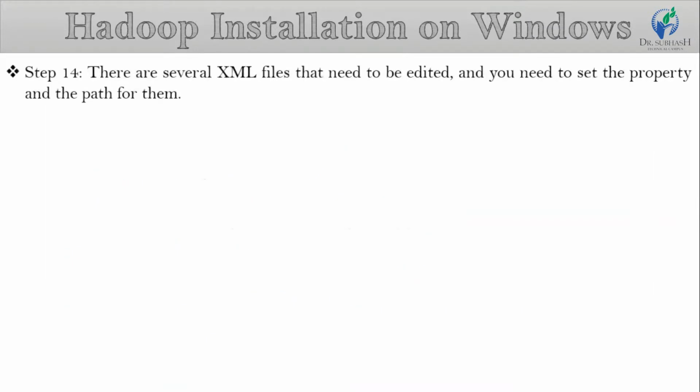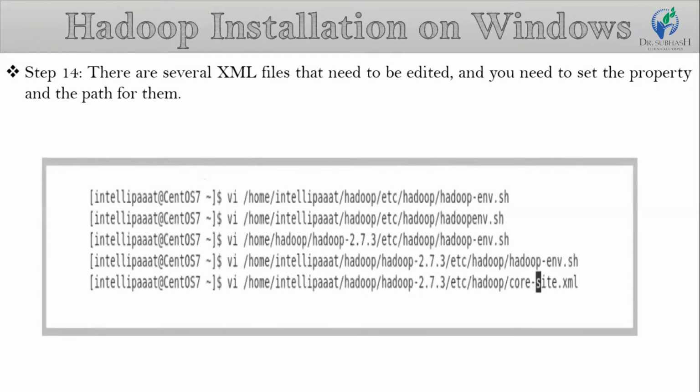Now, in step number 14, there are several XML files that need to be edited, and you need to set the properties and the path of them. For editing core-site.xml, use the same command as in the previous step and just change the last part to core-site.xml as seen in the image.